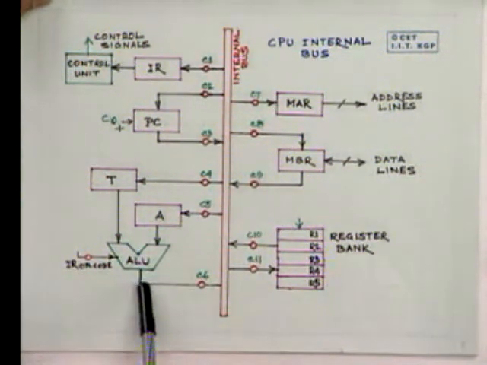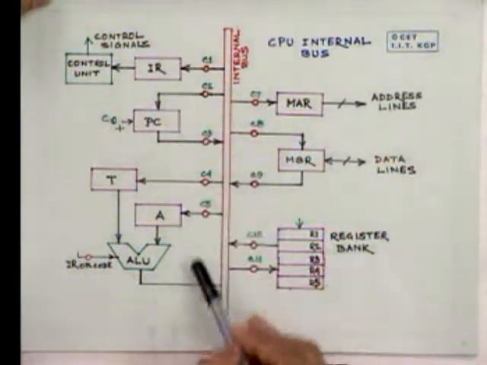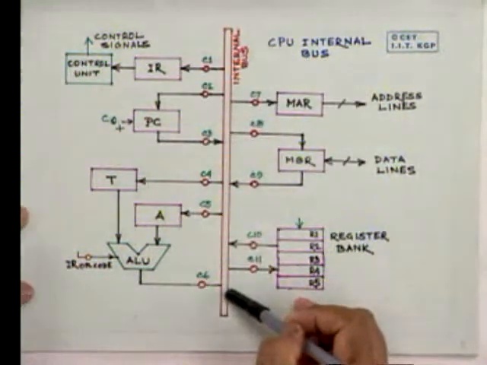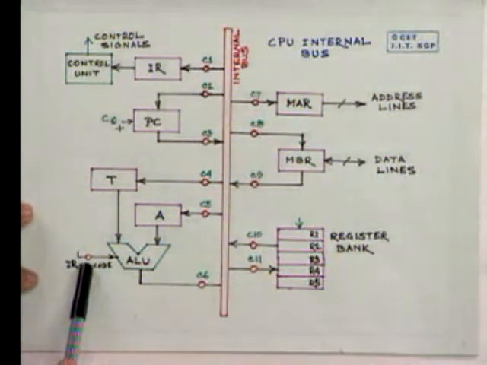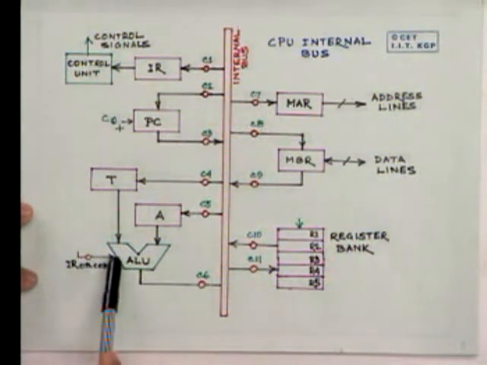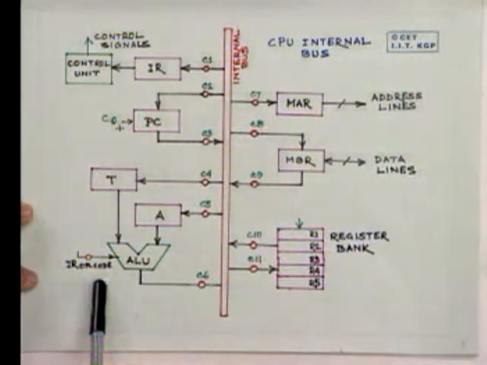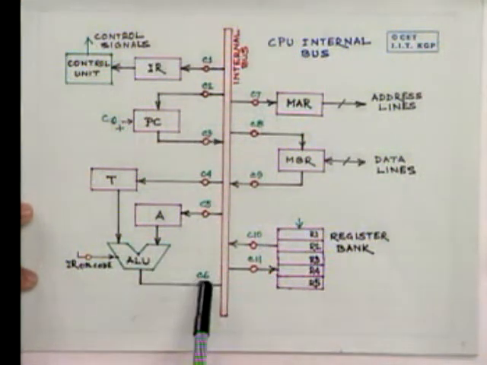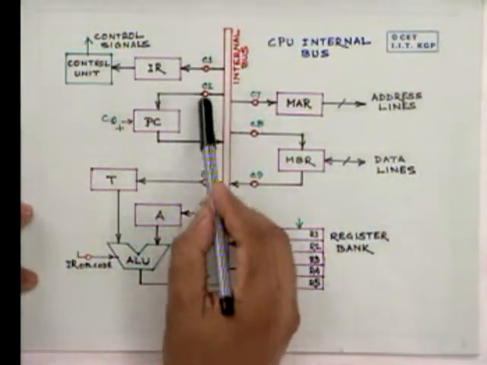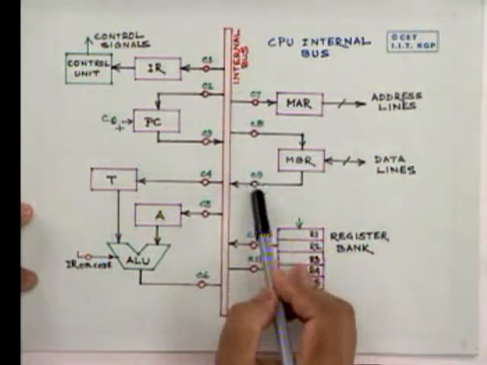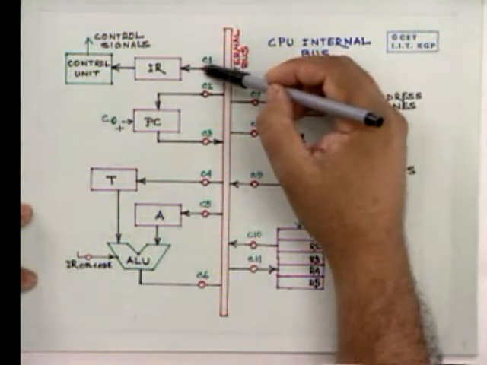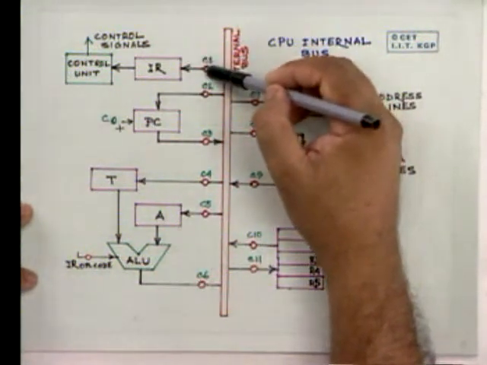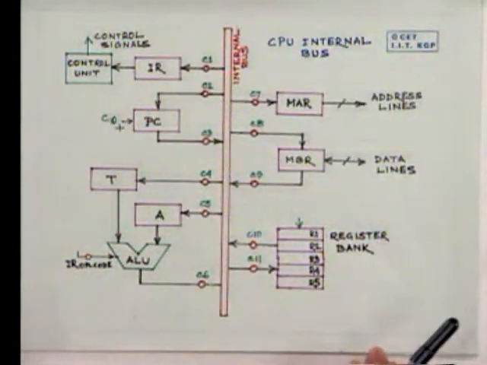The output of the arithmetic logic unit can also be transferred to that internal bus. The control points are here: the instruction register's opcode will come, that add or subtract or multiply, that the ALU should perform that. At every point there are control gates, with control signals actuating them. So C1 is a control signal for this gate, and so on.